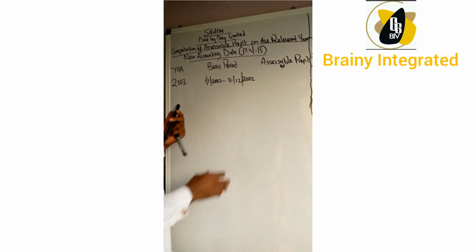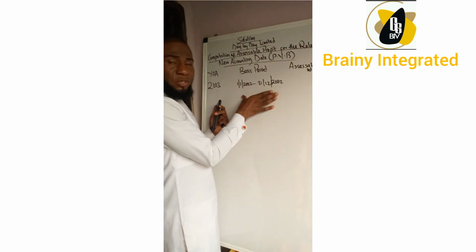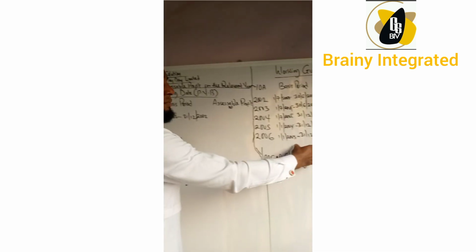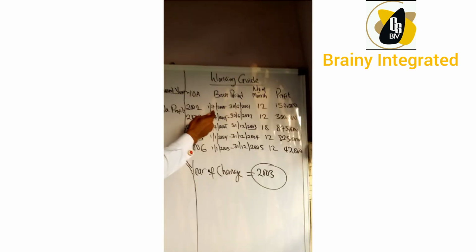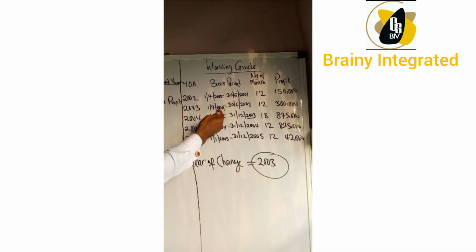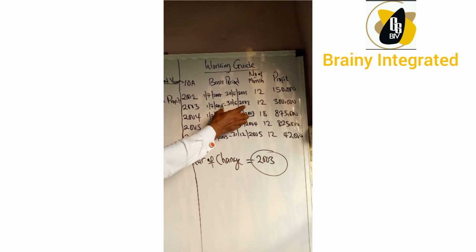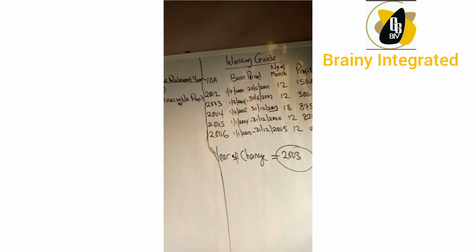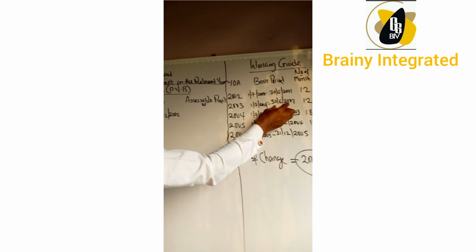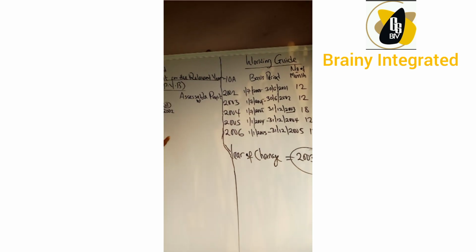Okay, so I'm going to say, where can I find this basis period in the working guide? Can I find it here? No. 1/1/2002 is not here. 2002 can be found here. Alright, so we can find 1st of January 2002 here. However, remember that this is 12 months.